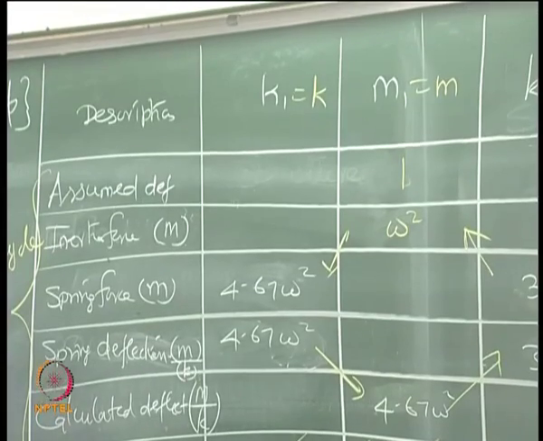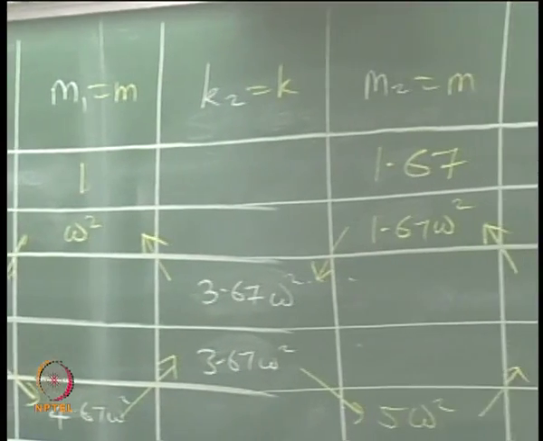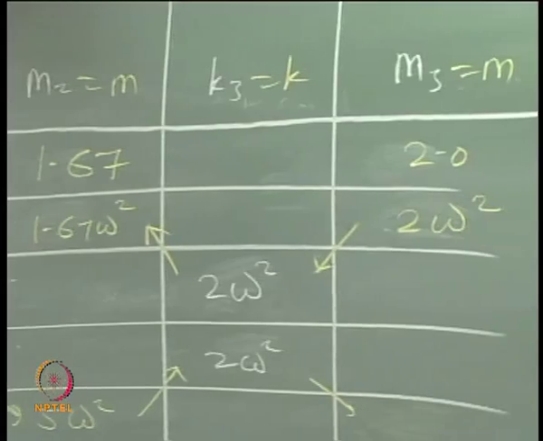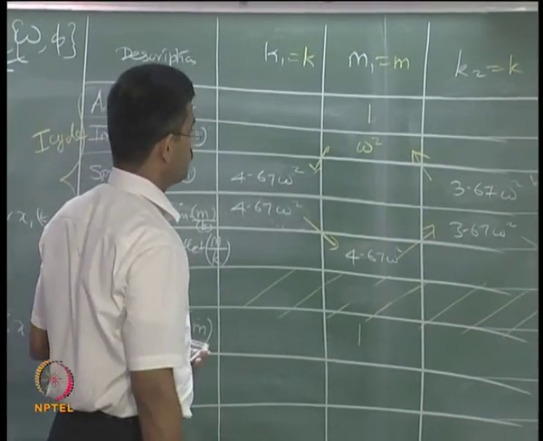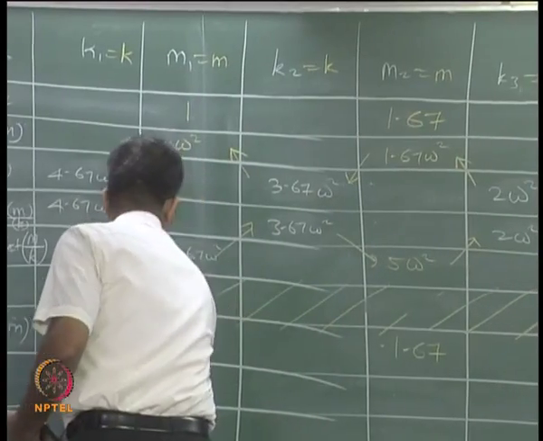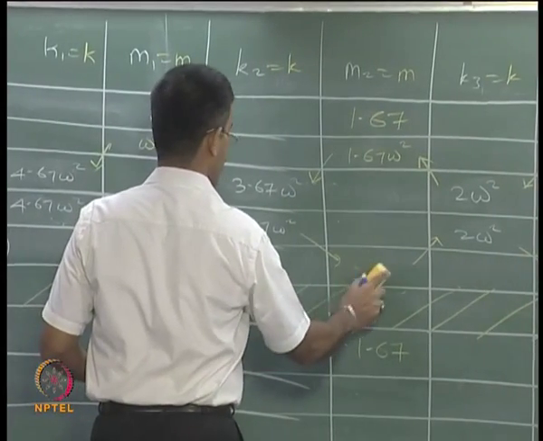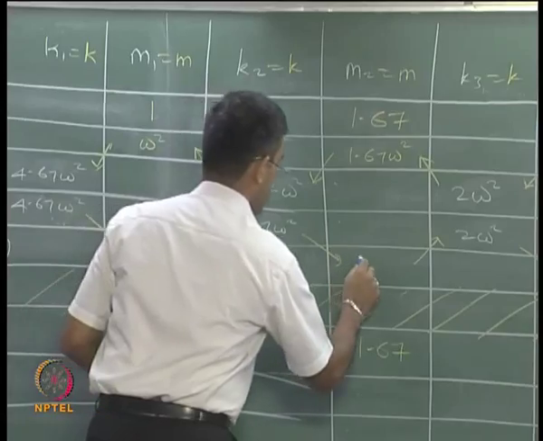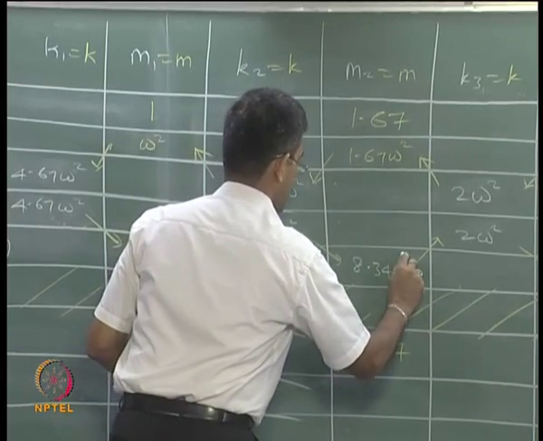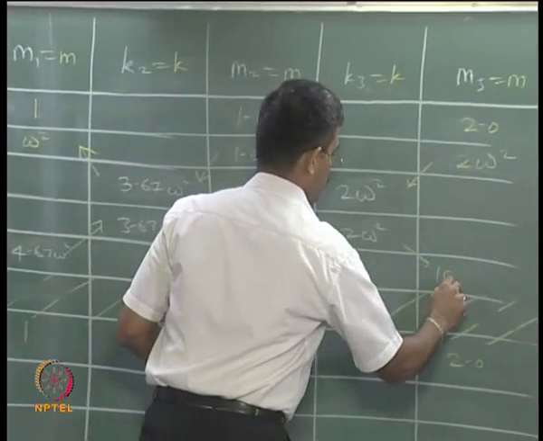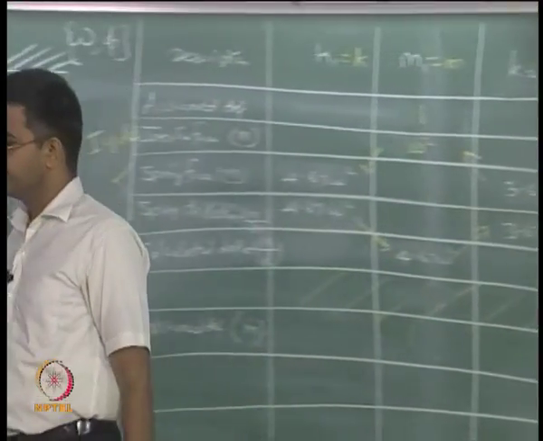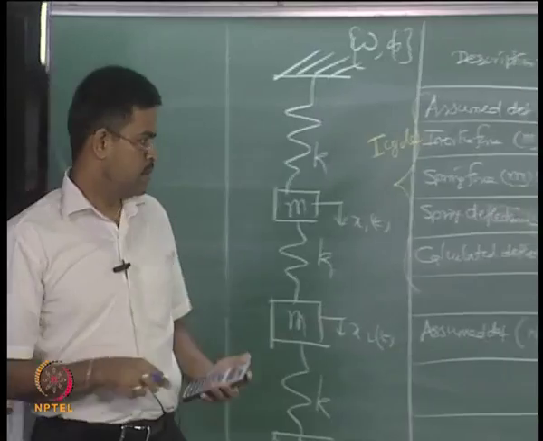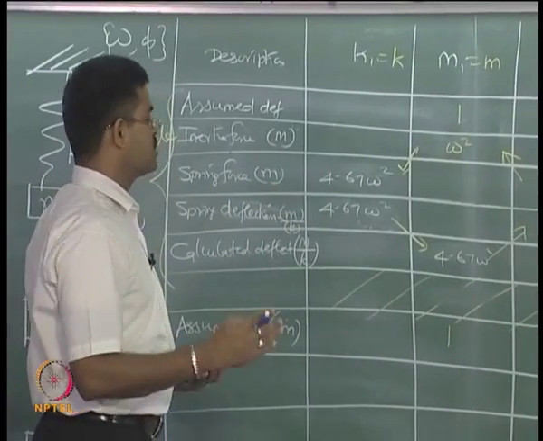Let us do that. So 8.34, let me rub this. So I divide this to get a proportional value.